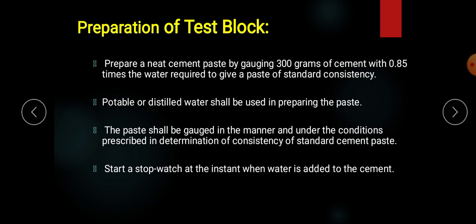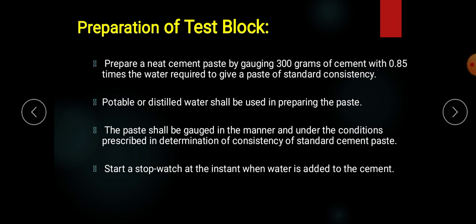So in the normal consistency, or standard consistency test, we find the amount of water required, right? That amount of water multiplied by 0.85 will give the amount of water required for this sample.